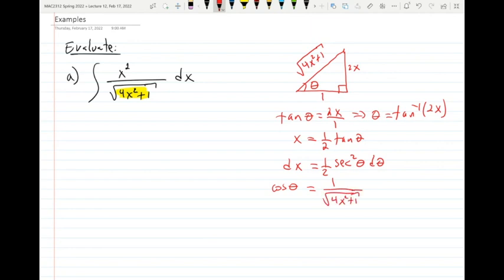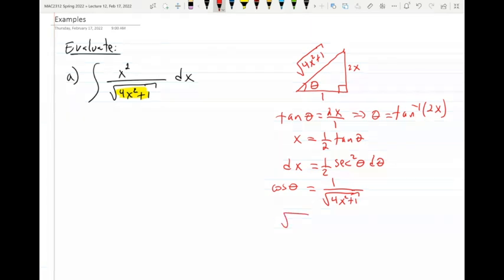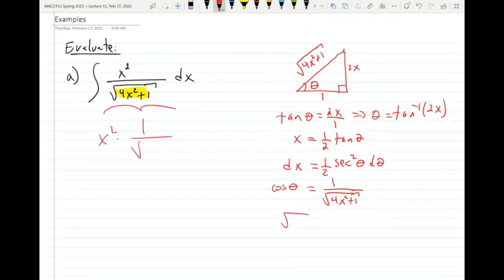Now here is an interesting trick. You can solve for the radical, right, and get a secant, and you will have a secant in the bottom. But if you think about it, we really have a 1 over the radical in the expression. And that's cosine. So you can just put cosine and then that's it, right? So there is no need to write secant. But I'm going to write the secant just to stay consistent, because what I'm saying is that this right here already contains x squared times 1 over this.